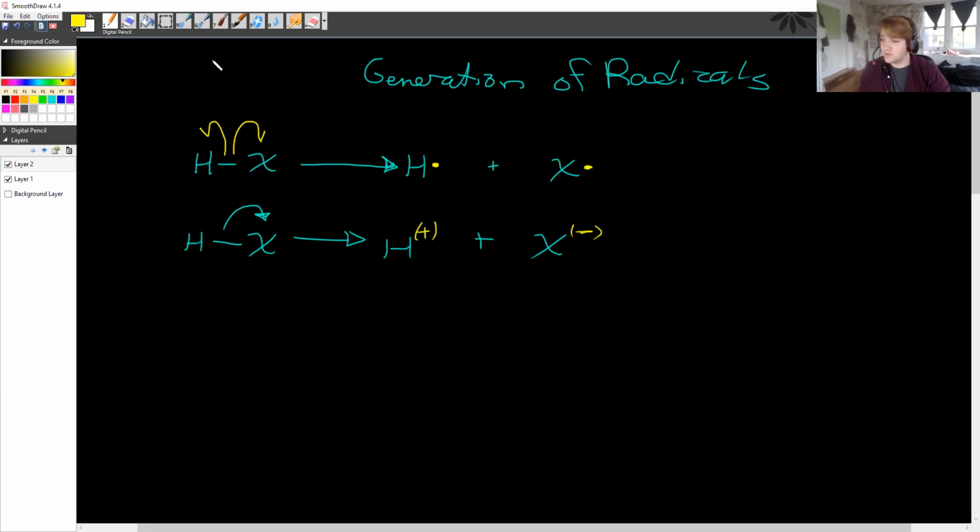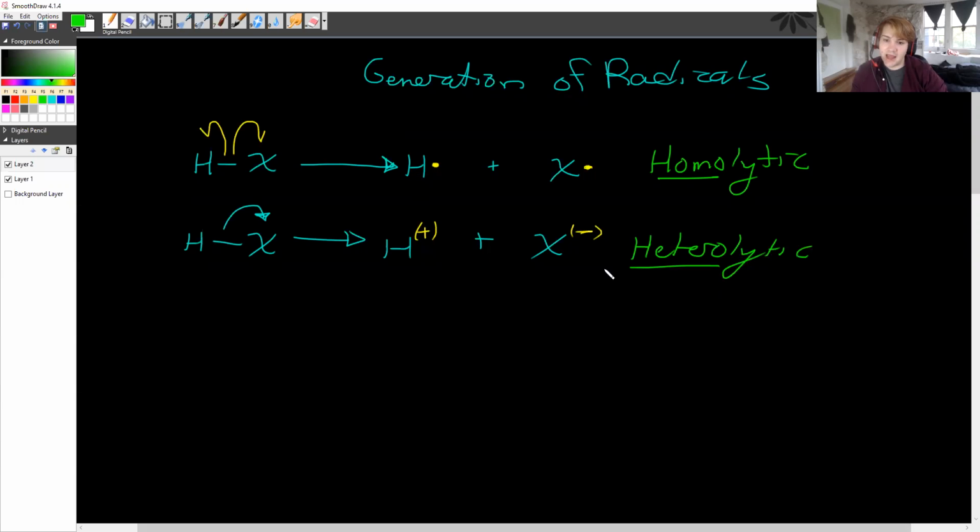Use the formal charge formula that I gave you, and you'll see why. So this is homolytic because each atom is receiving the same number of electrons, and this is heterolytic because the atoms within the bond are receiving different numbers of electrons, okay?